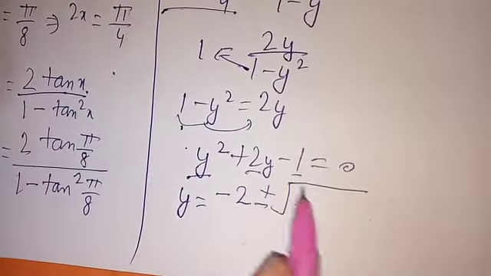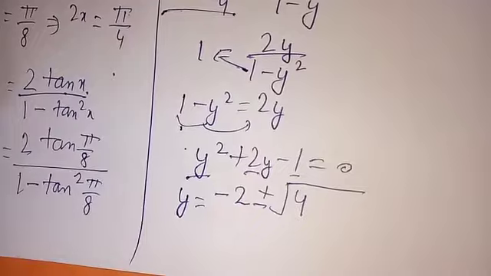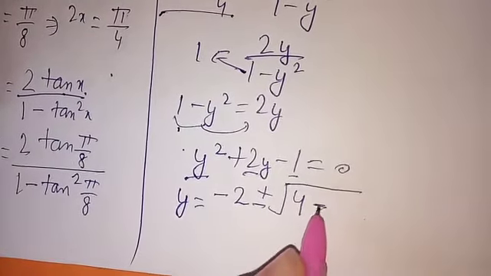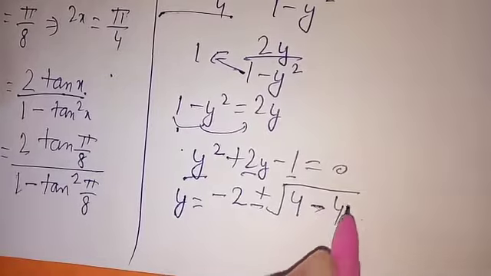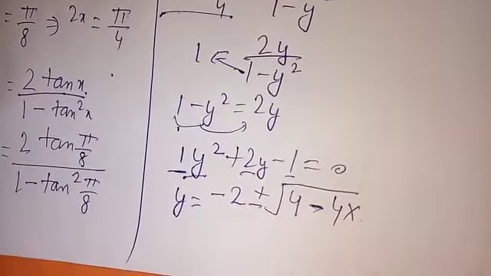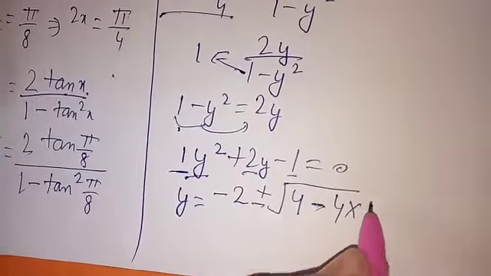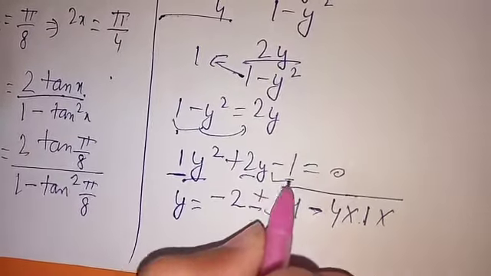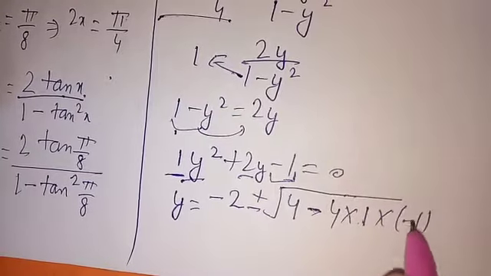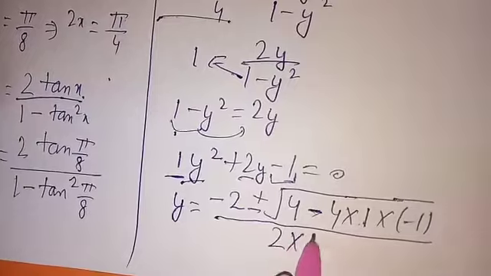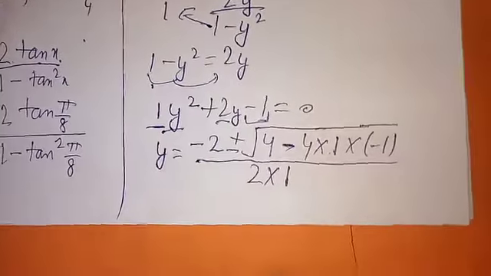b square means square of 2, that is 4, minus 4 into a, which is here 1, into 1 into c. What is c? C is minus 1, whole divided by 2 into a, which is again our 1.